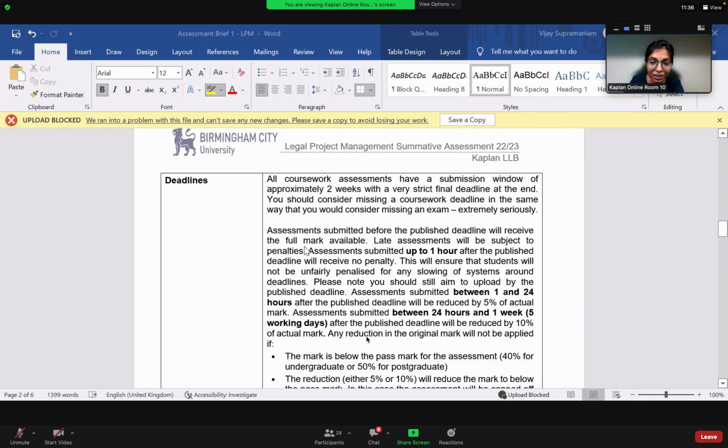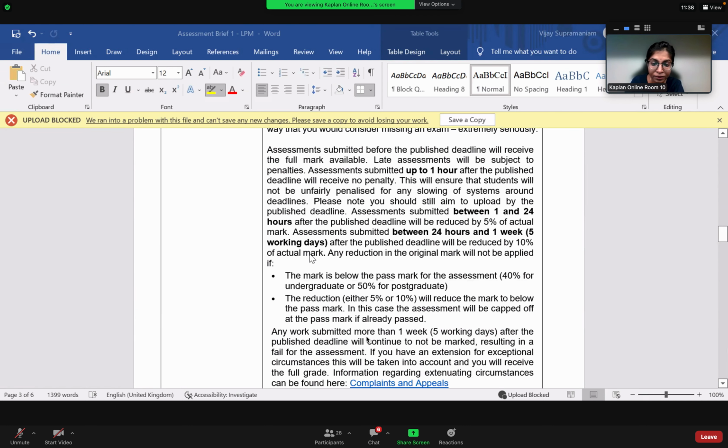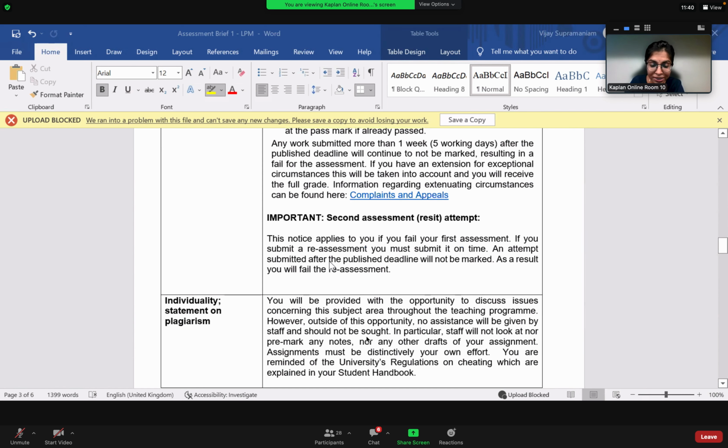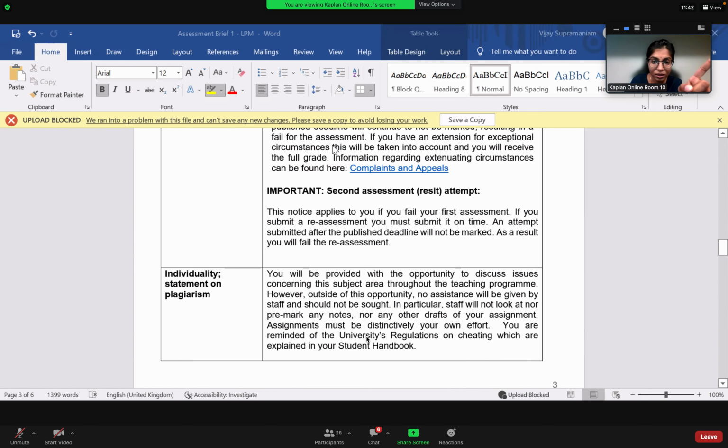So I want you to read the rest of the materials here. Please take note, plagiarism is an offense. Okay, no plagiarism. So when I say no plagiarism, it means you must ensure that you paraphrase. Don't put in long quotes. No marks will be given for that.